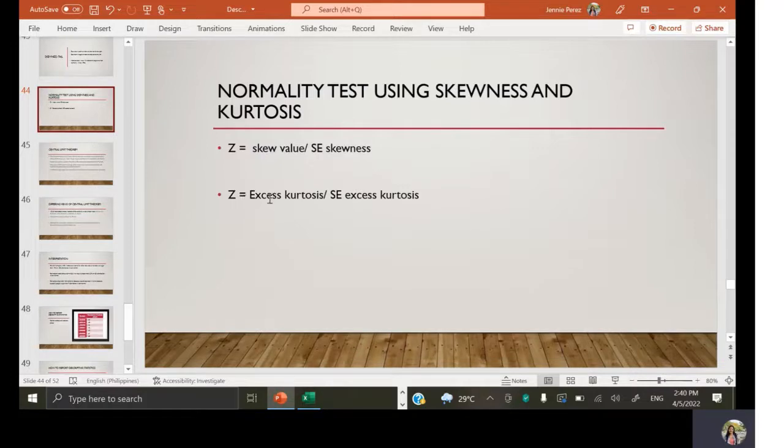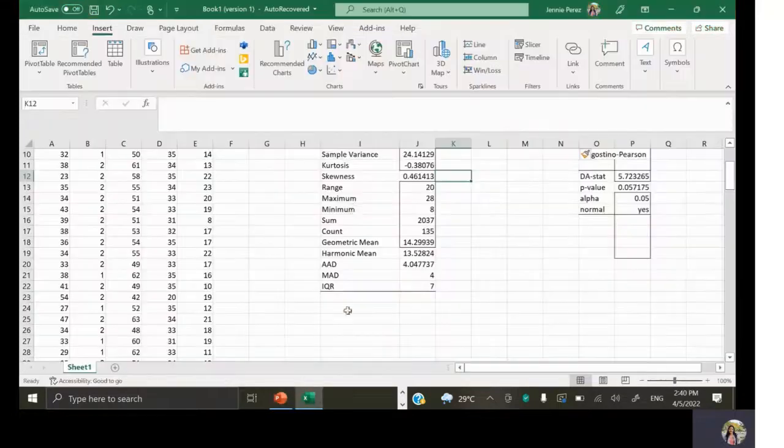Then the z-value for kurtosis is excess kurtosis over the standard error for excess kurtosis. So where do we get this? For the z-value for skewness, where do we get this skew value? We get it from here.